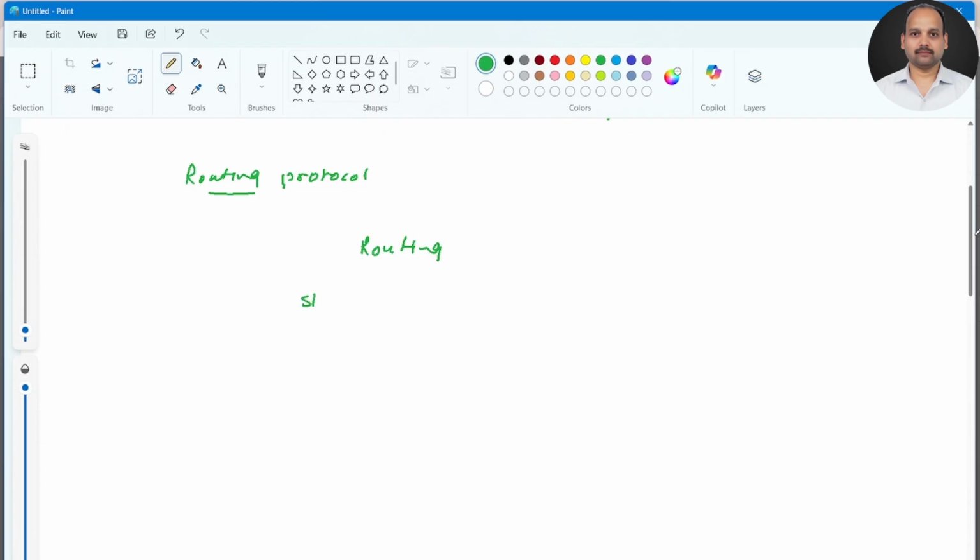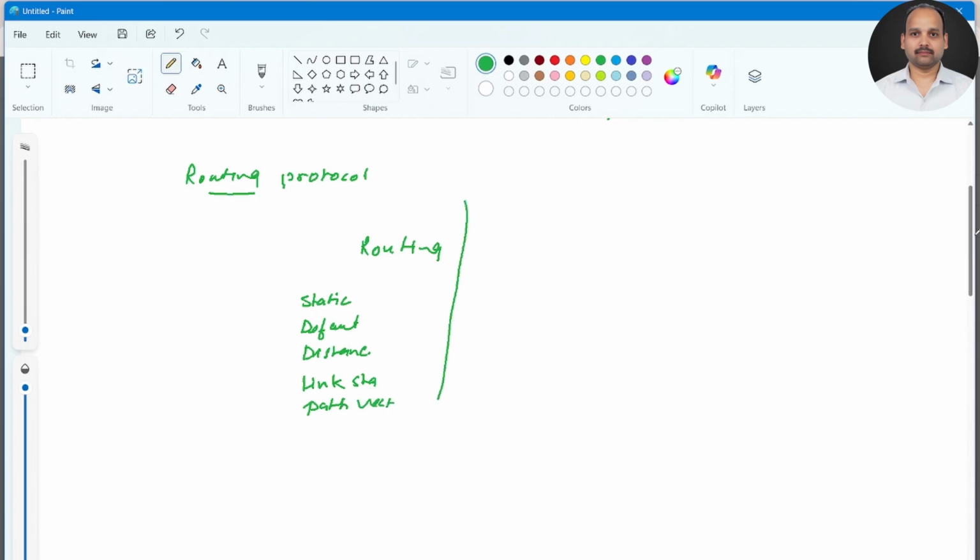One, that is static routing. Next is default routing. Next is distance vector, and next is link state, and the last one is path vector.